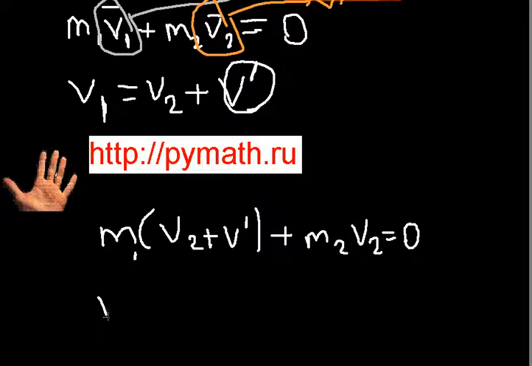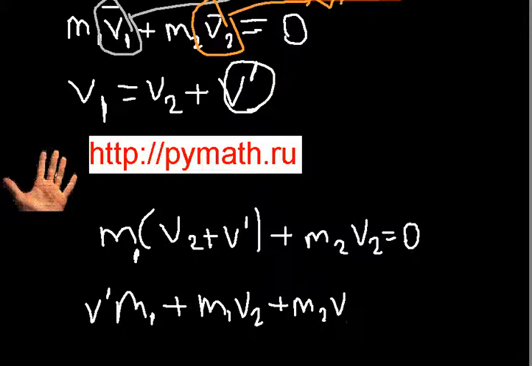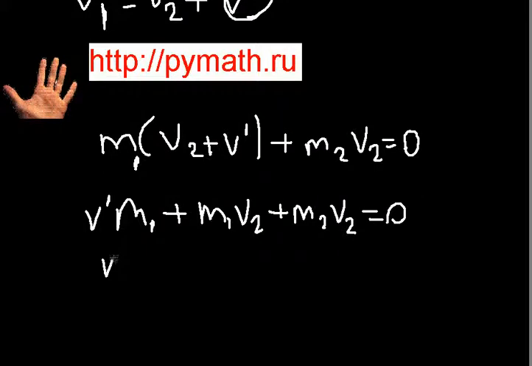Then we can write that we will collect all terms connected with this velocity on one side, the left side of the equation, and all terms with the other velocity on the right side. Let's rewrite it: m1 v apostrophe plus m1 v2 plus m2 v2 equals 0.